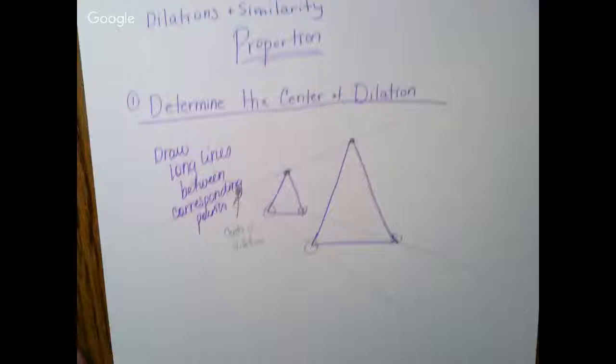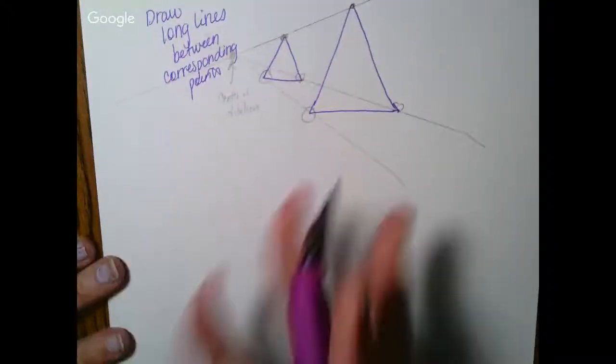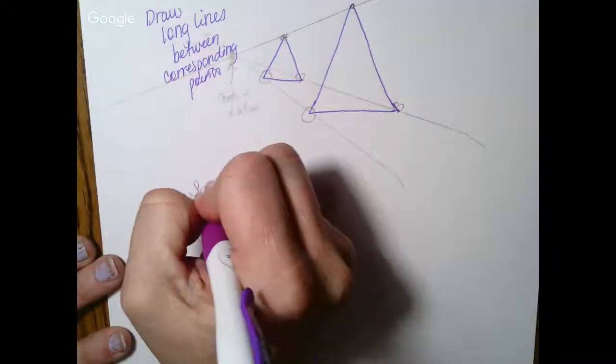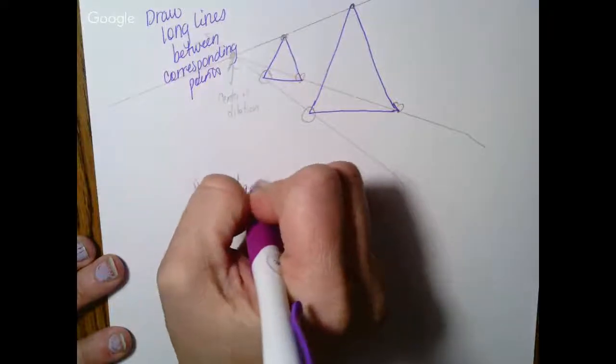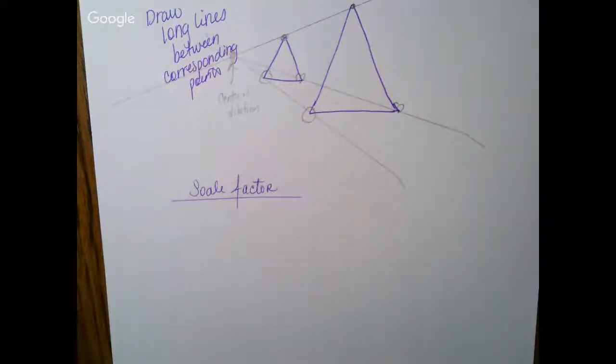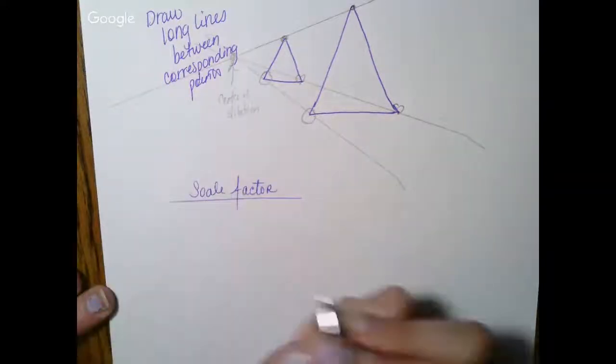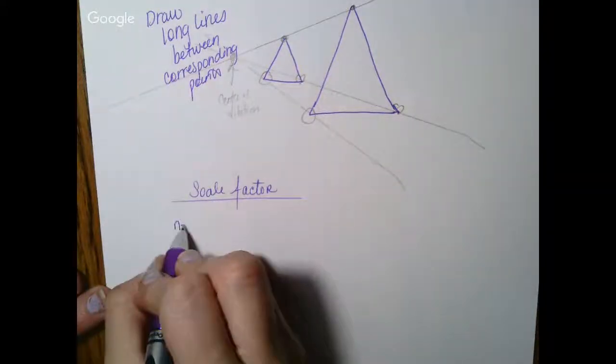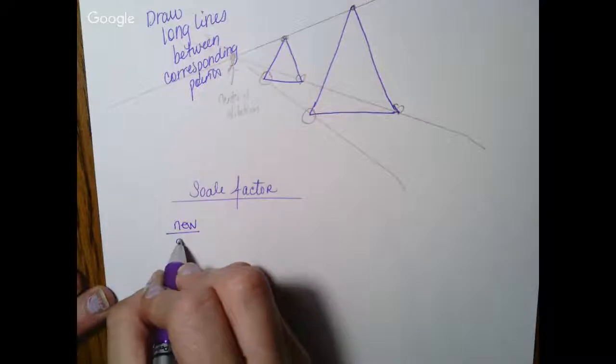Okay, real quick, I want to remind you about scale factor from yesterday. Now, people in 6th period did not hear this, but I told you yesterday that when we do scale factor, we do new divided by old.